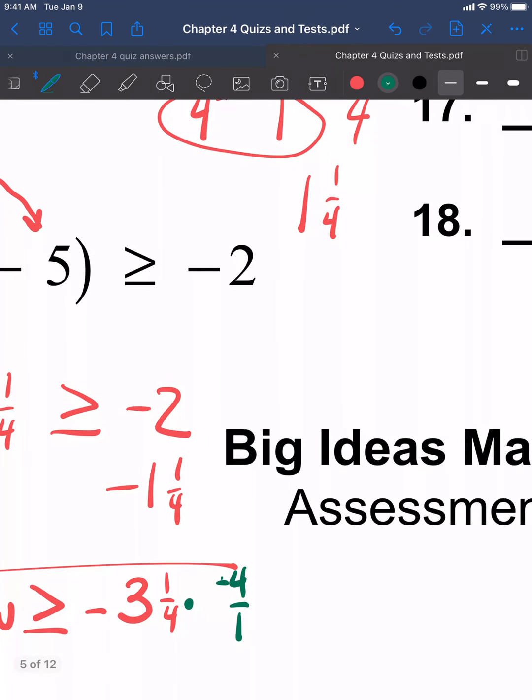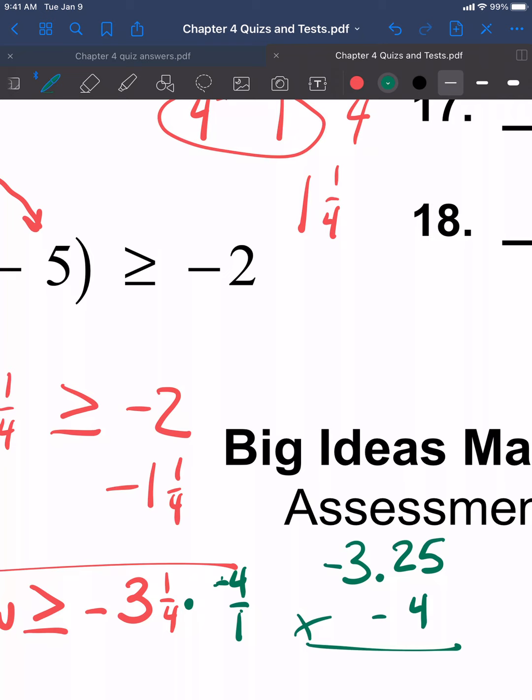Well, hold on. Stay with me for a second. What is negative 3 and 1/4 as a decimal? Negative 3.25. Think of money, right? 1/4 is 25. And then isn't negative 4 over 1 the same thing as just negative 4? Is it easier to multiply decimals like this?